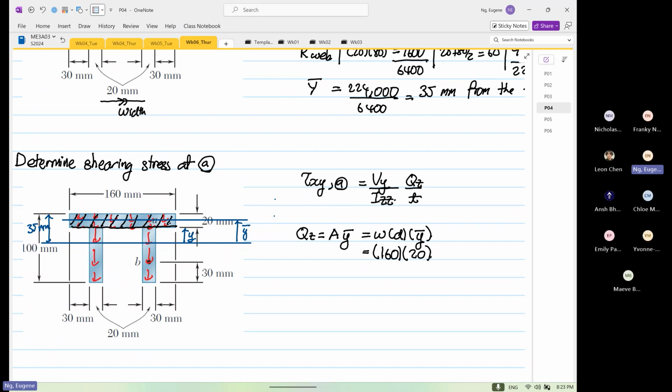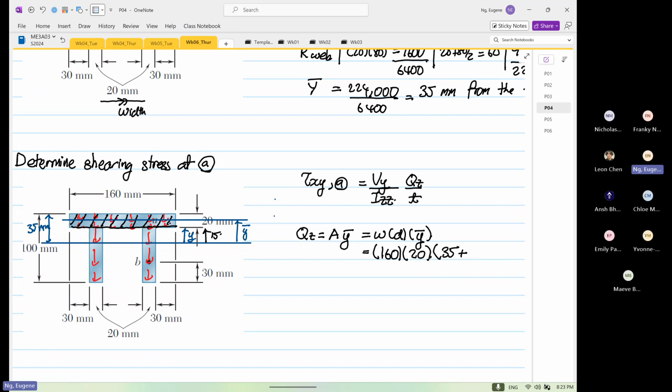So now our y bar is equal to what? Our y bar is equal to 35 plus... sorry, not plus 20, because the distance from here to here is 15.